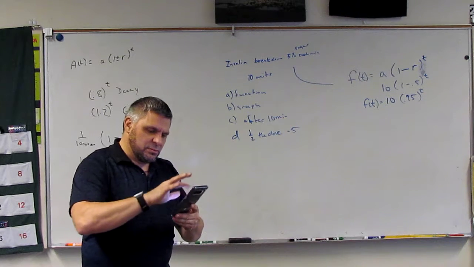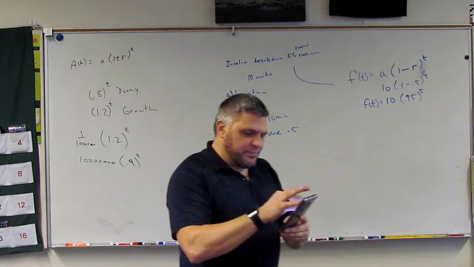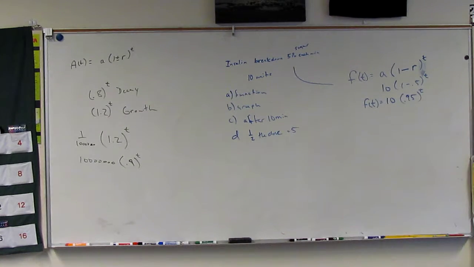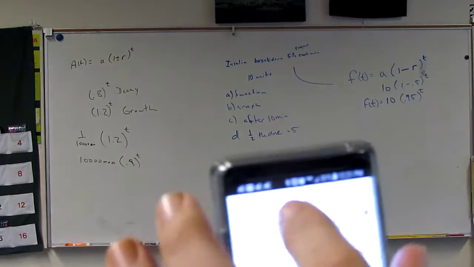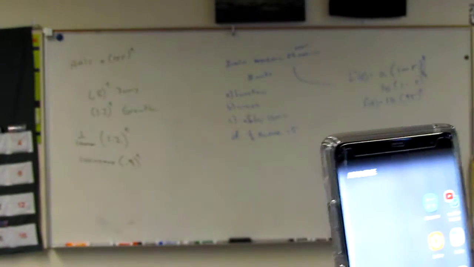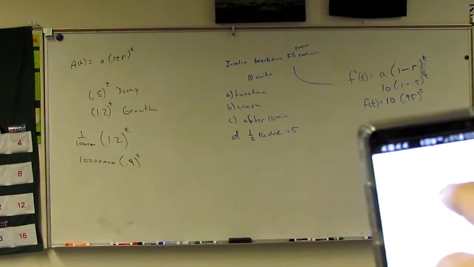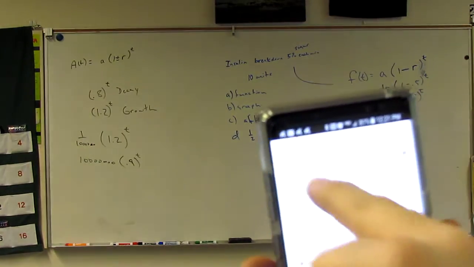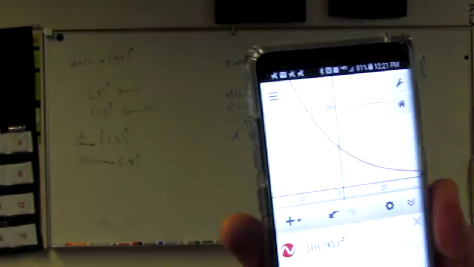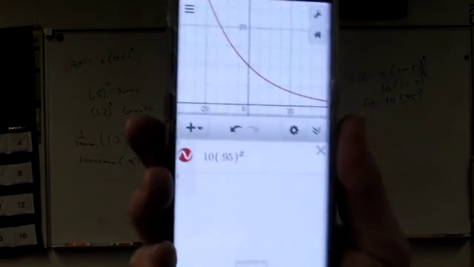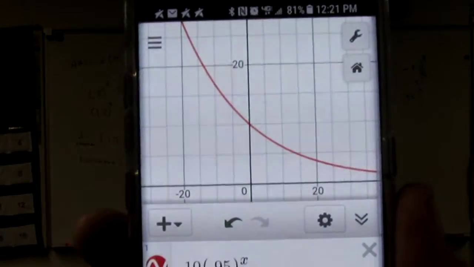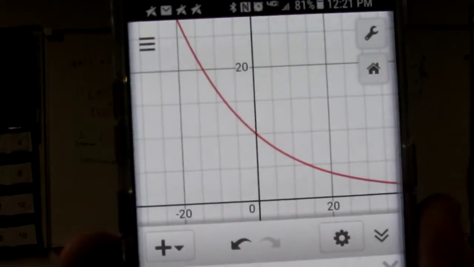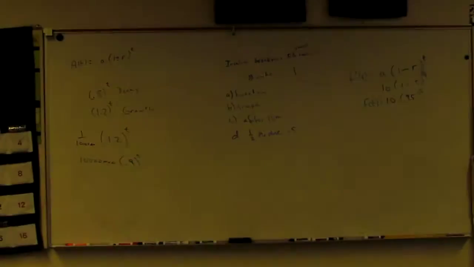All right, look at that. That looks different. We can see that it's crossing at 10 and it's going down, right? Can we see that on there? And it's going down. And so we have our graph.